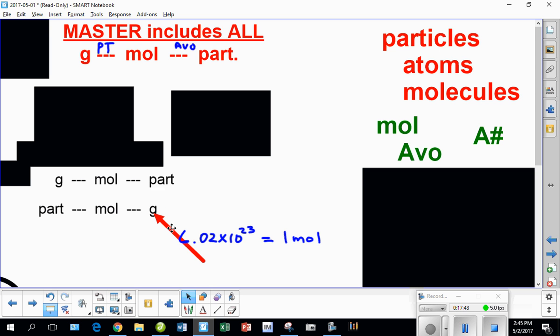Periodic table, because now we're between moles and grams, you see? So that's periodic table territory is what I'm calling it. Whenever we're going particles to moles or moles to particles, we're in Avo's territory. 6.02 times 10 to the 23rd equals 1 mole. Okay? So, particles got us from here to here. From here to here is going to be the periodic table. All right?